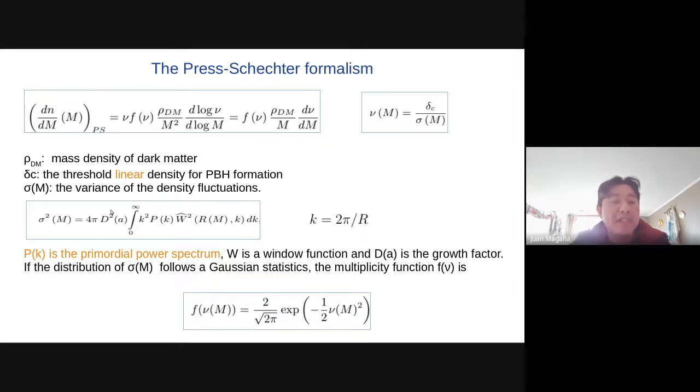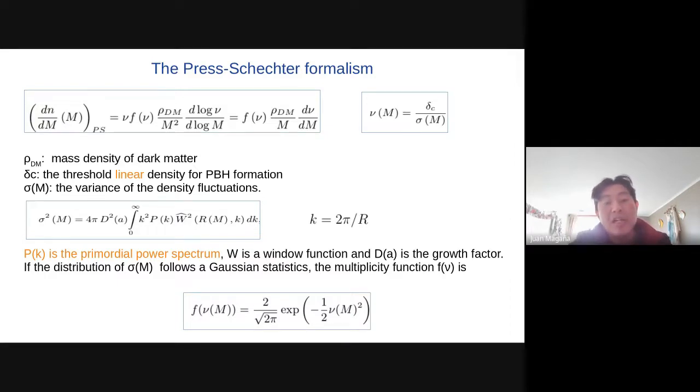And also we have this quantity D, the growth factor, which gives information about how the fluctuation evolves when the universe expands. Another quantity here is this function W, a filter function, for example, to smooth the density fluctuation. In this case, we choose a top-hat filter function, but there are other alternatives.